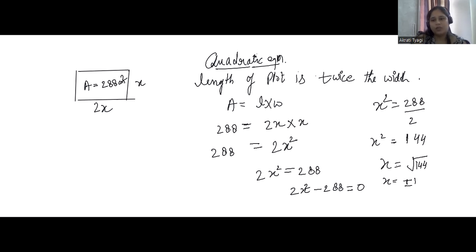So width is 12, and length is 2 times 12. Oh sorry, 12 twos are 24. So it should be 24 centimeter. So this is the basic problem of quadratic equation, we can say.